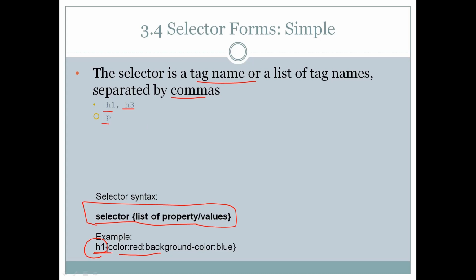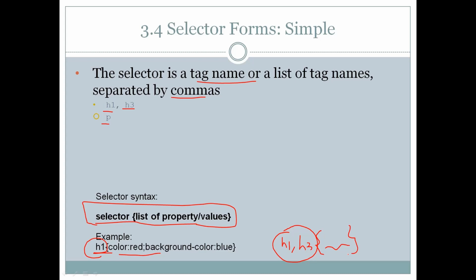But if you want something to be applied to the h1 as well as the h3 tag, you can use here h1 comma h3. For example, I'll write it here, h1, h3, and then the style rules inside the curly brackets.